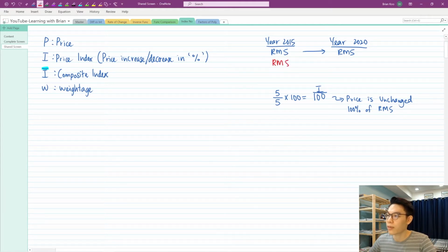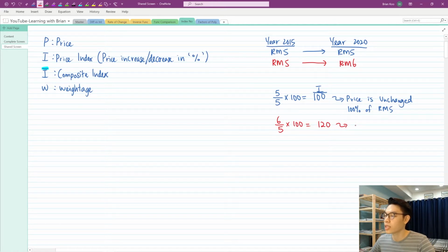Let's say the price increased from RM5 to RM6 this time. So how we'll find the index is we will take the price from year 2020, from the bigger year, divided by the one from the smaller year, times 100. This time you will get 120.